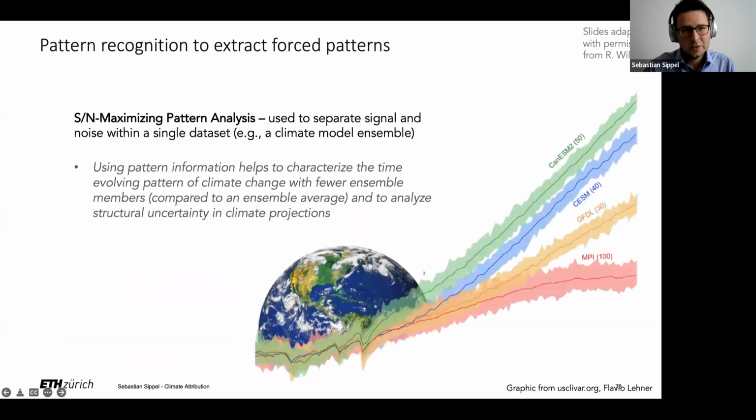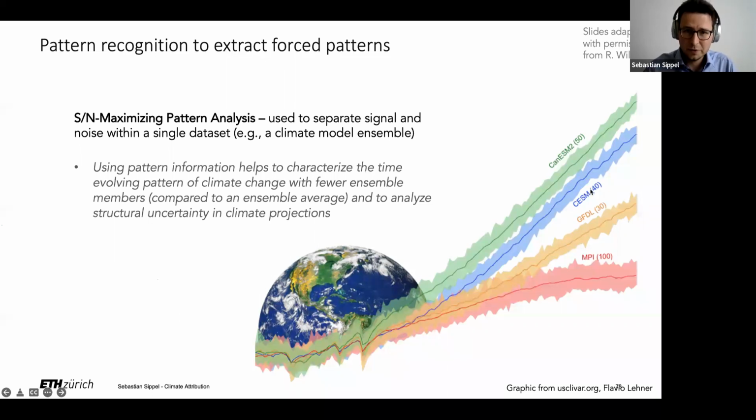And so there are these pattern recognition methods that are used to separate these signals. This is something that's being done in these large ensembles, where you have not only one ensemble member, but several. You aim to use a good statistical method to characterize the patterns that co-vary with the ensemble average.